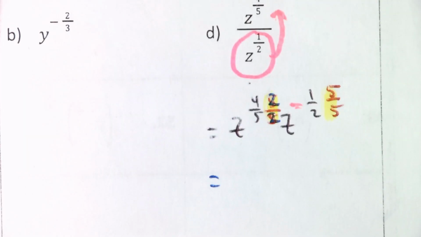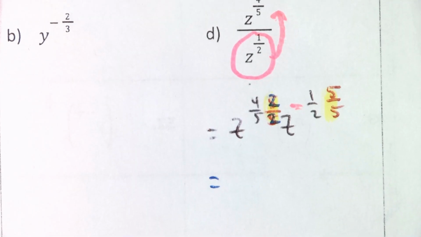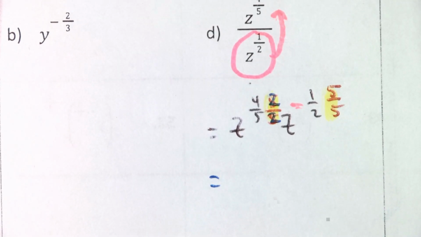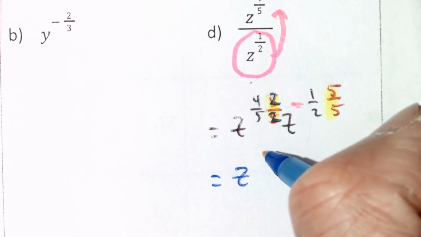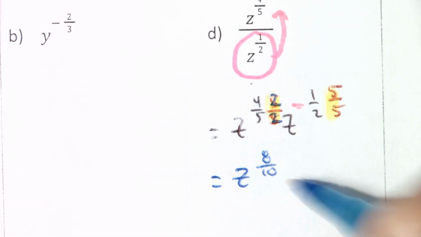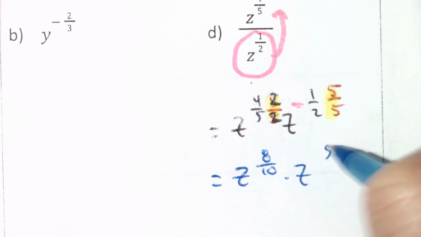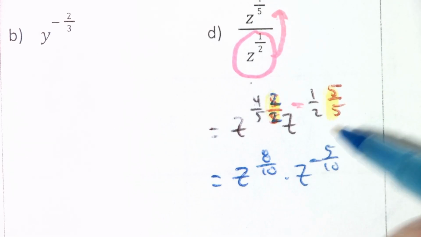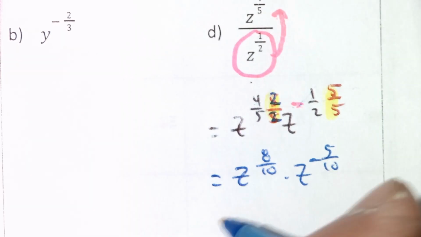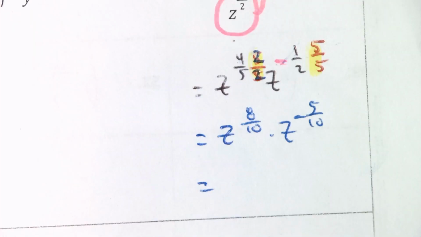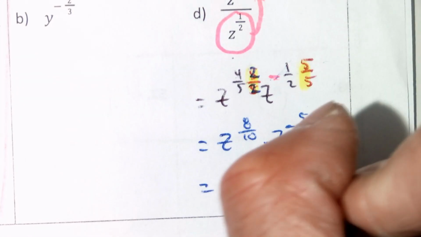Okay, so you notice they're in yellow. Those are multiplying by 1. Changes the look of the expression, still equivalent. Let's multiply across, you're going to get z to the 8 over 10. And then z to the negative 5/10. Remember, you have the negative there, so you get like negative 1 times 5. Then same base, multiply on the same base, you can add the exponents there.